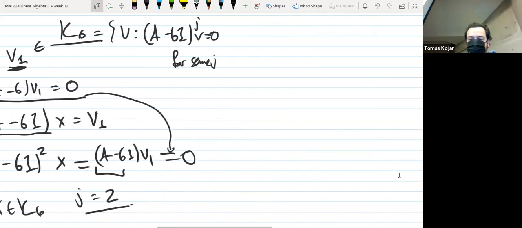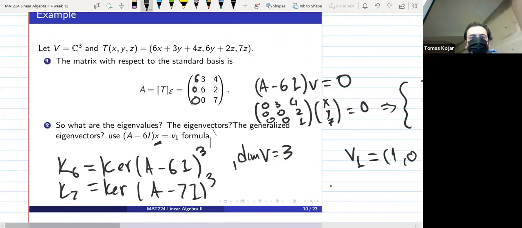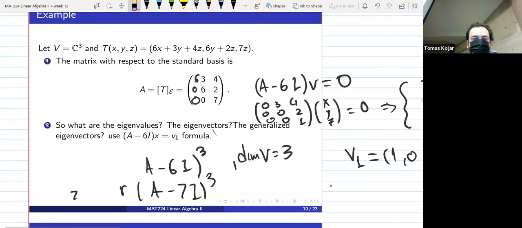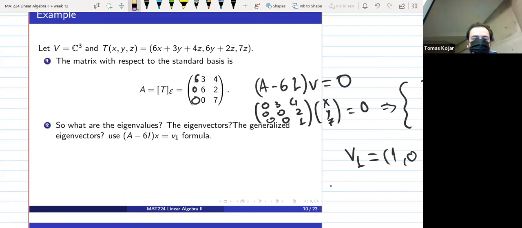So let's find, I have to look at the matrix. So let's find the x. Let's do it here. So I have to compute this guy. Oh, I have the matrix. So the matrix is over here. It's 0, 3, 4.